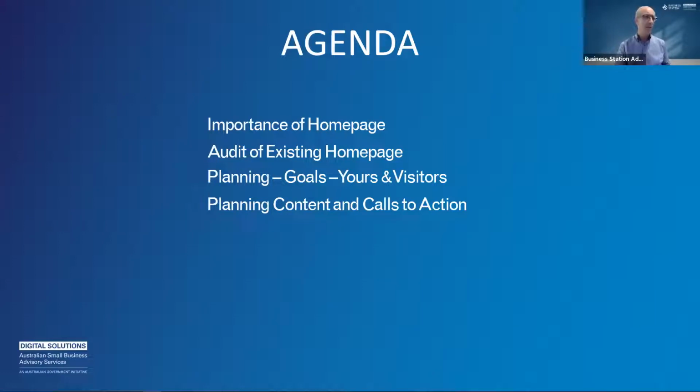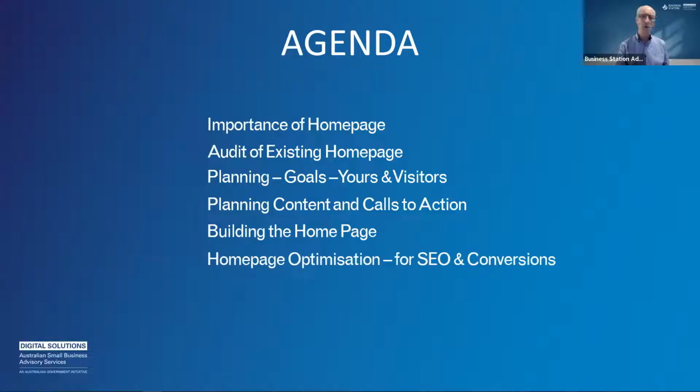Then we'll briefly touch on what content you should have on there, what calls to action, starting to build that content, and how to optimize your homepage from both an SEO perspective, in other words attracting people to your website, and a conversion perspective, getting them to do what you want them to do, essentially.